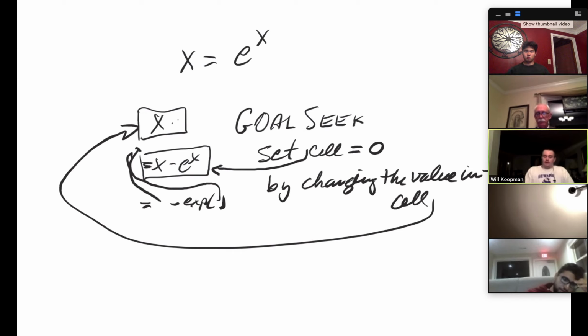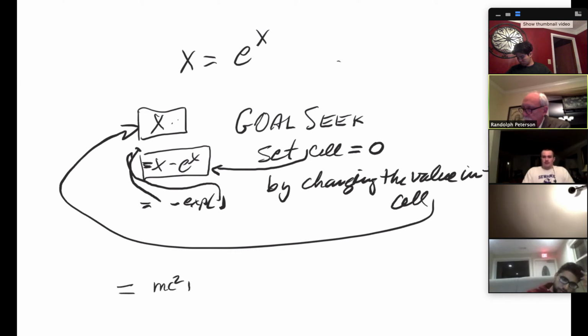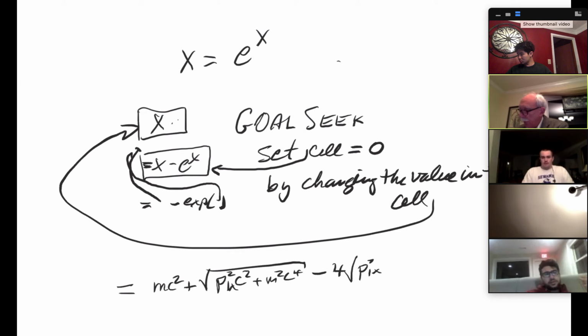So in the other one, we would basically just have the momentum p1x in a cell by itself, right? Then the next cell is p1x squared c squared plus m squared c to the 4 minus 4 p1x squared p squared over 16, all under the square root, plus m squared c.